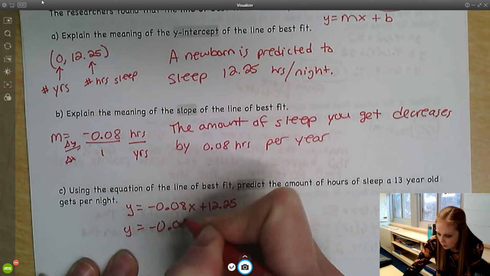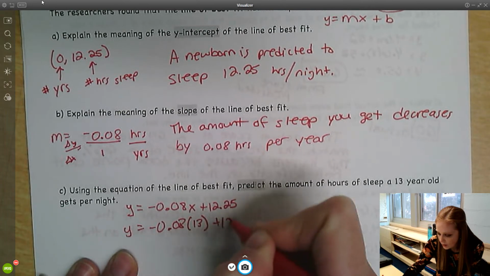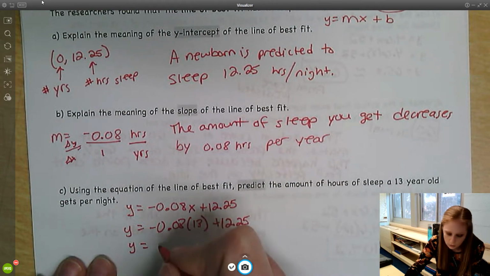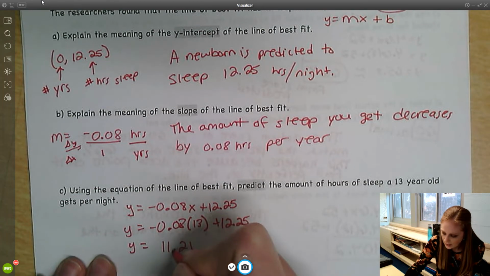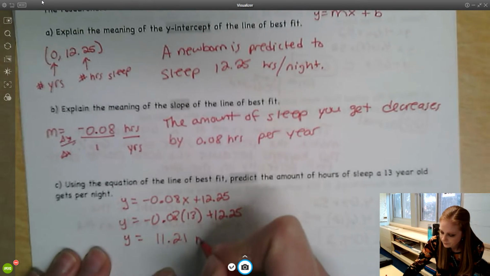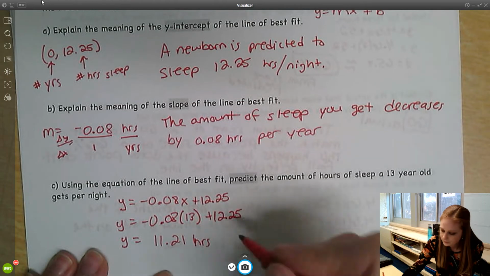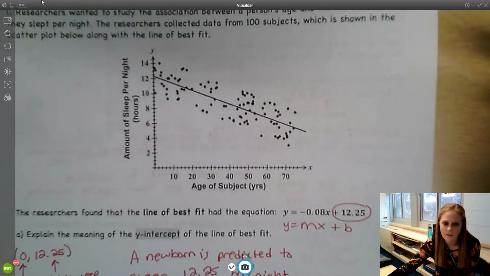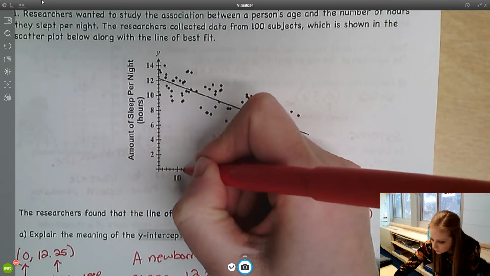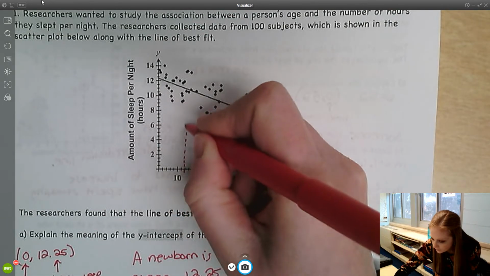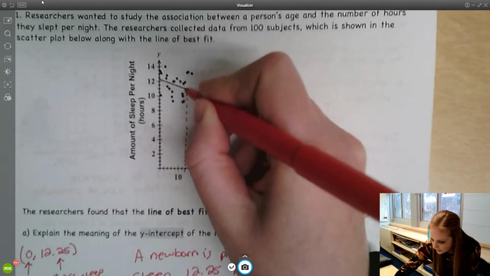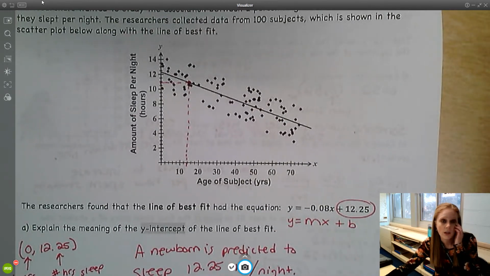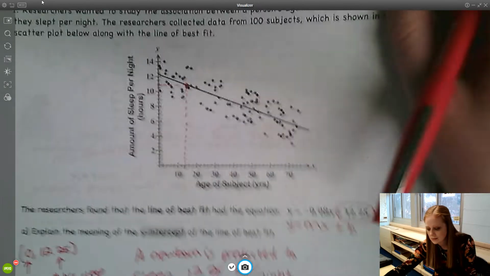So you can type all of this into your calculator to figure out the prediction of the amount of sleep a 13-year-old would get, and you're going to get 11.21 hours, which again is just a prediction, and you can look at your graph to see a 13-year-old would be somewhere around here, and our prediction line is saying that it would be about 11 hours of sleep. Again, just what the trend tends to be based on the data.